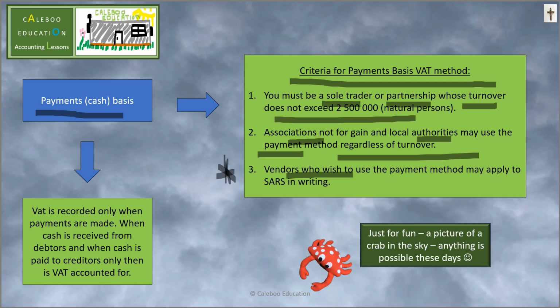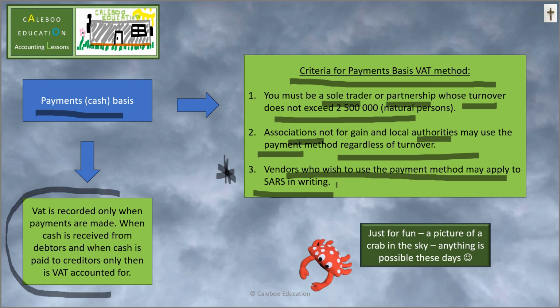Vendors who wish to use the payment method may apply to SARS, the revenue services, in writing. So if you're worried about a cash flow problem, you can apply to SARS to use the payment method. And there is just a definition once again of the payments cash basis method of recording VAT.